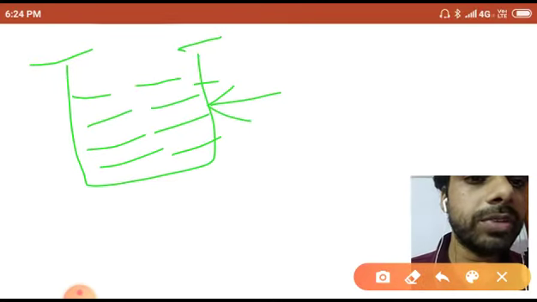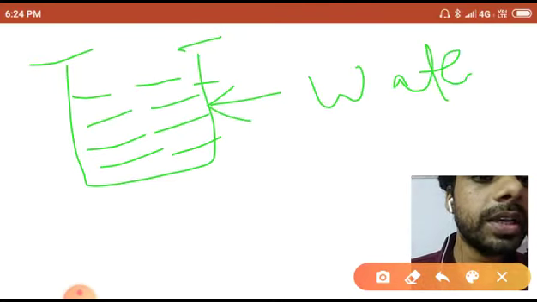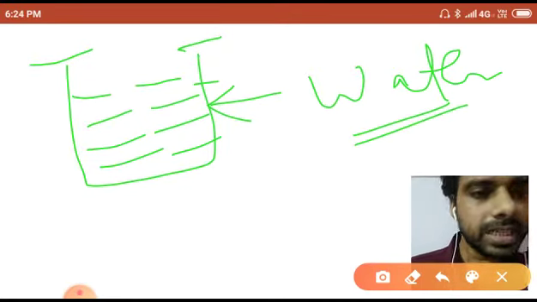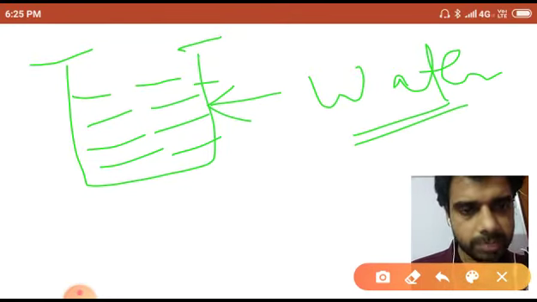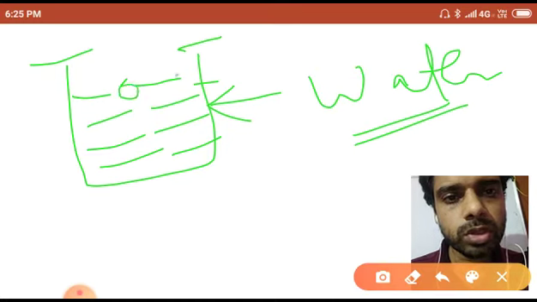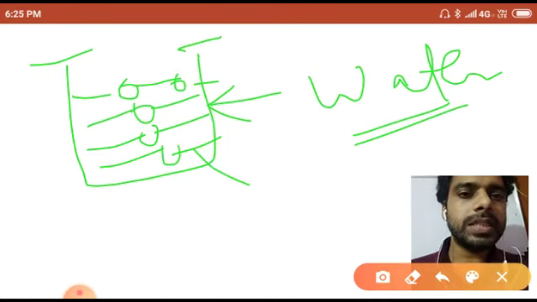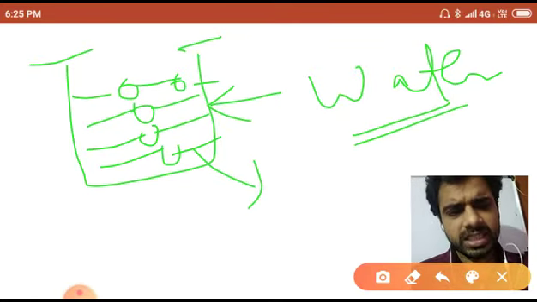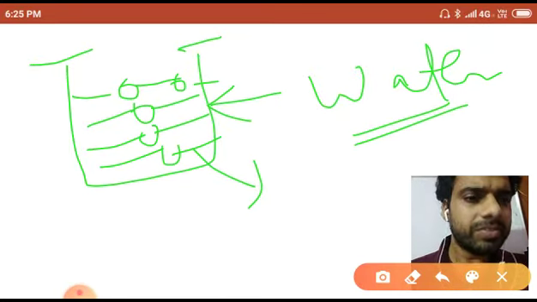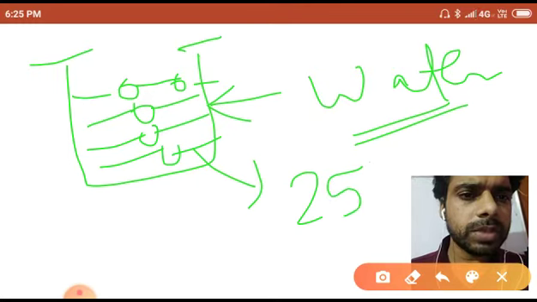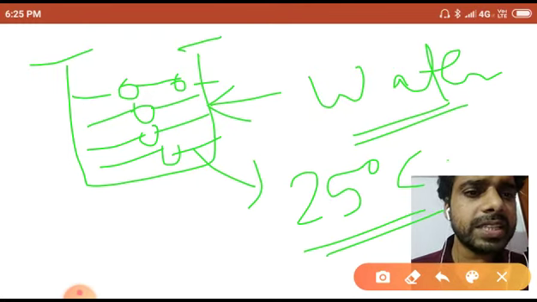Here, dear student, in the very first case, if I have one liquid and that liquid is water, this water has some interparticle space, so some solute will be added. Suppose initially it is at room temperature, 25 degrees C. How can I increase the temperature?